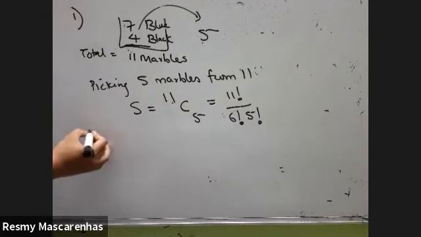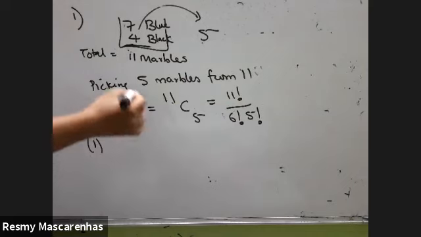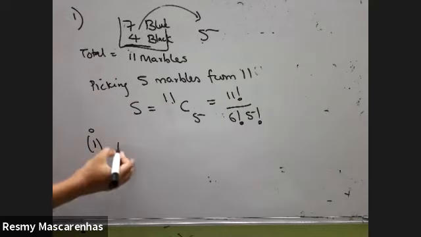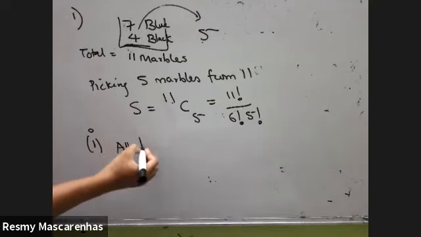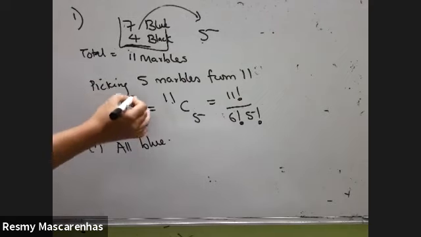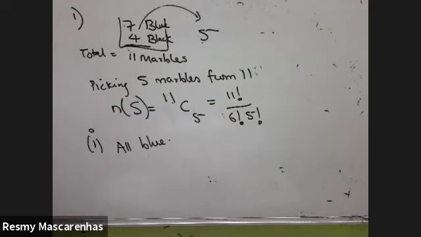Now we'll start with the combination. So this is all the sample space. Now your first condition is all blue. So you can write it as n of S also straight away.